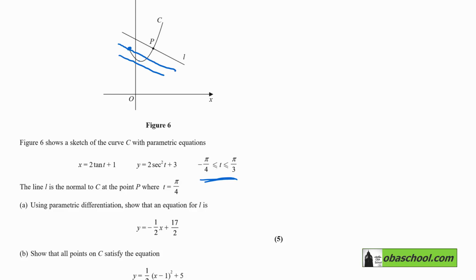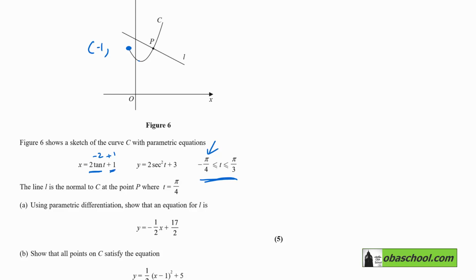So what we are going to do, first of all, is consider the end point here. So that's going to be when t is negative pi by 4. So the x value is going to be 2 tan negative pi by 4 plus 1. So that's going to be negative 2 add 1, so it's negative 1.